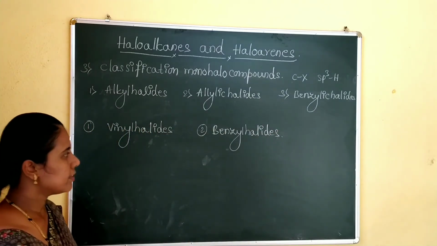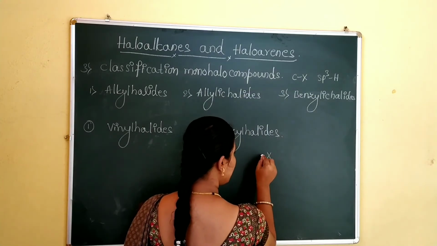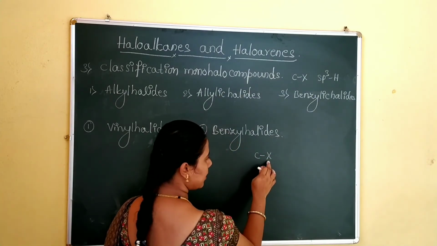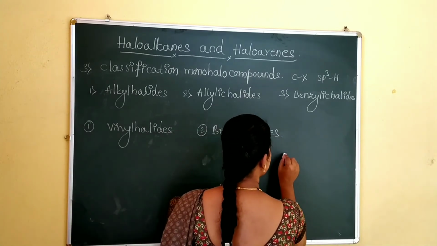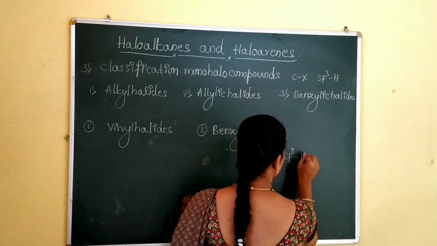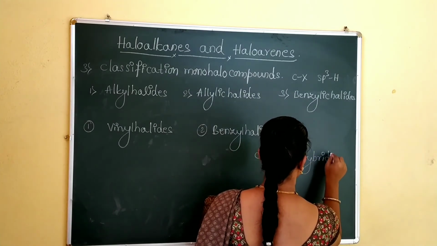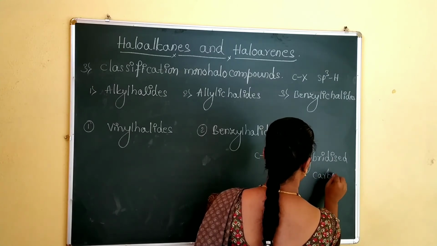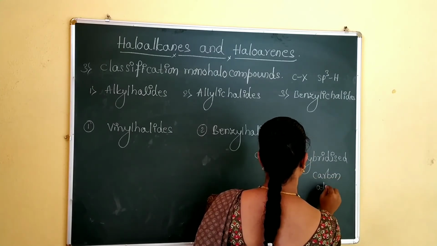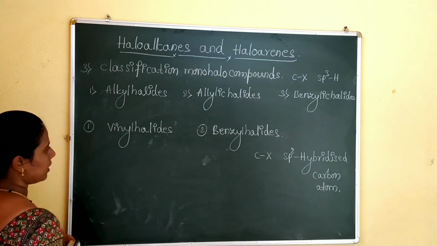Here in this case, halogen atom is attached to the carbon atom, and it is an sp2 hybridized carbon atom.